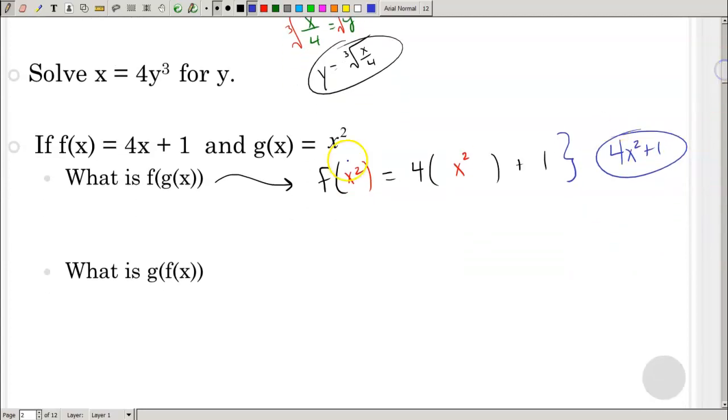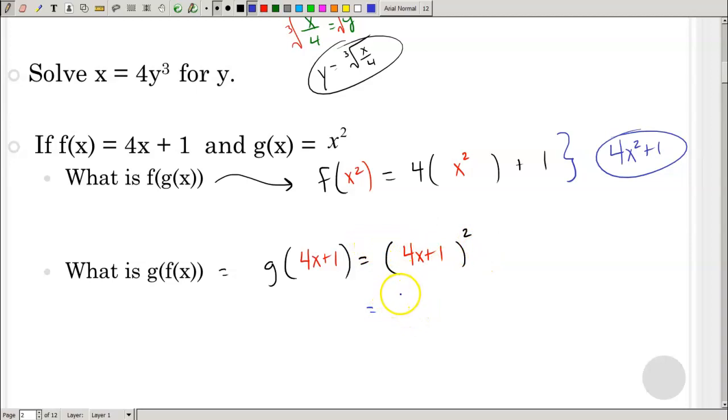For the next one, we have g of f of x, and so we're going to plug into g whatever f of x is. Well, f of x is equal to 4x plus 1, so we're going to take 4x plus 1 and plug it into g of x. So g of x is x squared. So we're going to take x squared, but instead of an x, we're actually plugging in 4x plus 1. So if we were to simplify it, you could leave it like this.